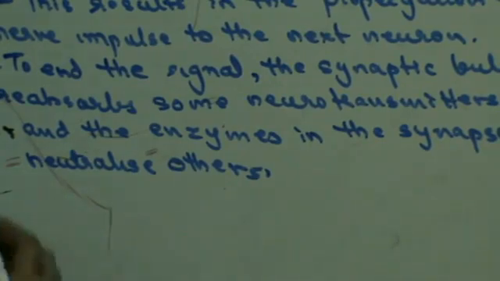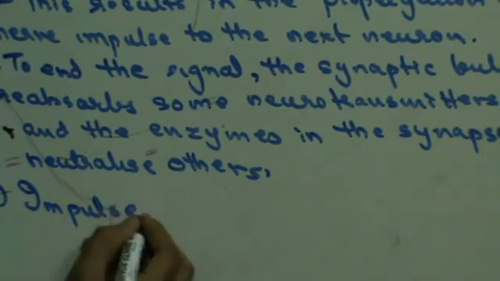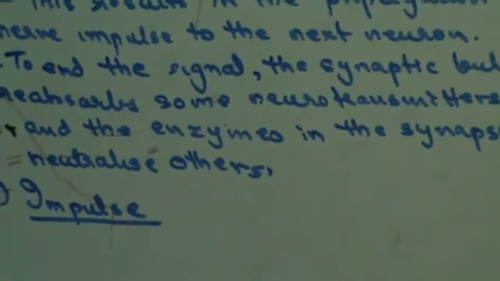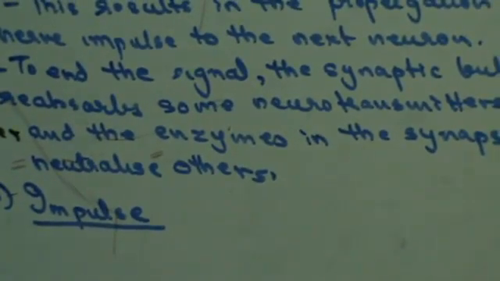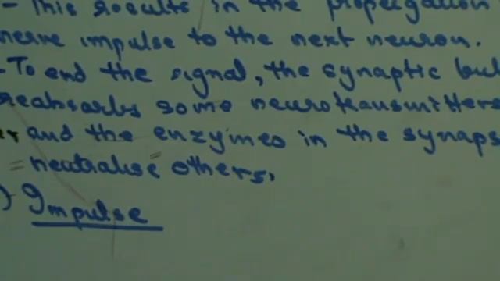Next, what do we understand by an impulse? An impulse is the sum total of electrochemical changes that are aroused by the stimulus. If I stimulate any cell, there would be certain electrochemical changes aroused.